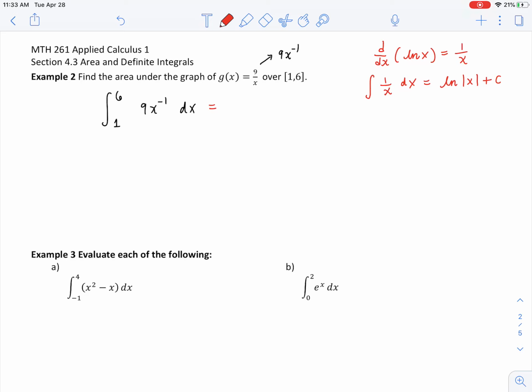It's all positive anyway. So what I can do is go ahead and evaluate this as 9 times natural log of just x. I don't really need the absolute value symbol here because look, the interval is completely positive, so that's okay. We can just write this x positive. And then remember that intermediate notation. I'm going to go ahead and evaluate this from 1 to 6.